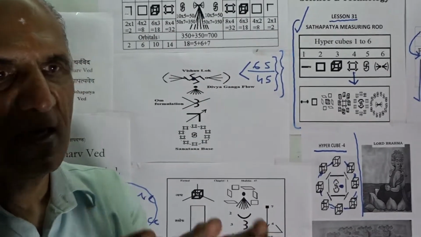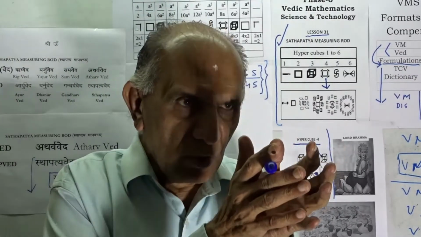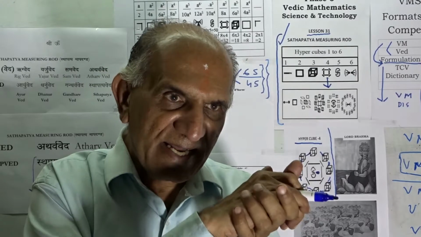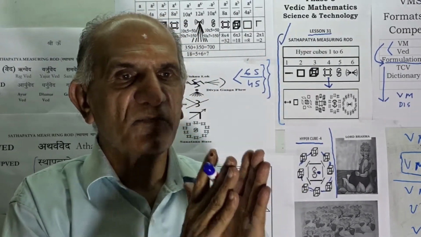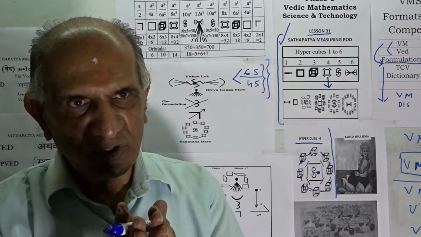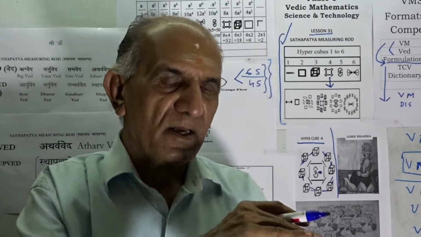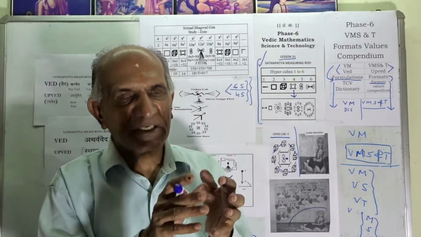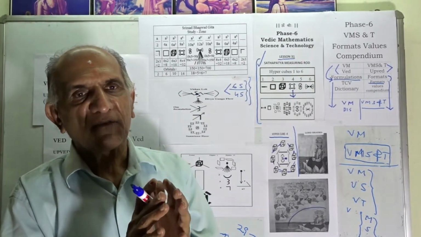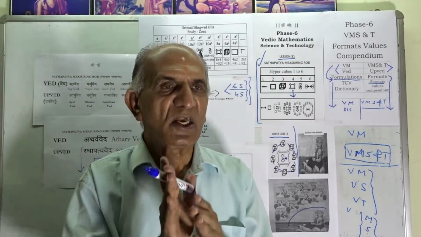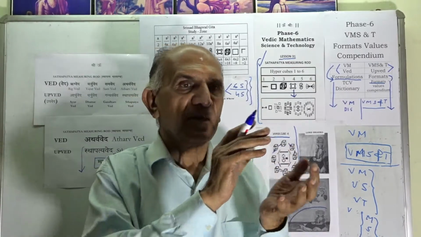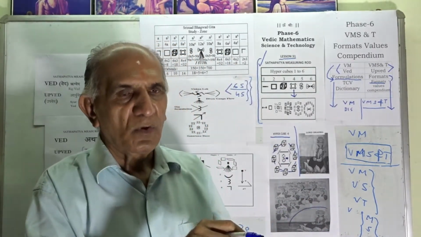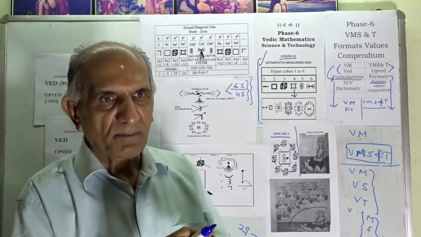This is to be the concluding message of the present lesson: students of Vedic Mathematics, Science and Technology, when getting ready for initiation and exposure to the discipline, shall start preparing their own formats values compendium.